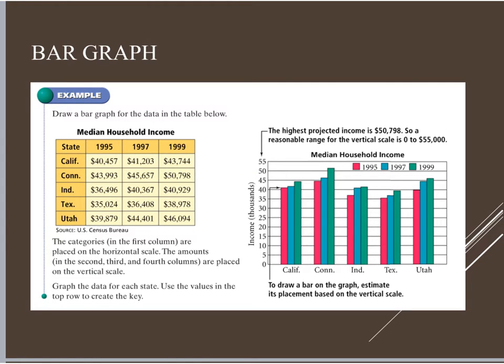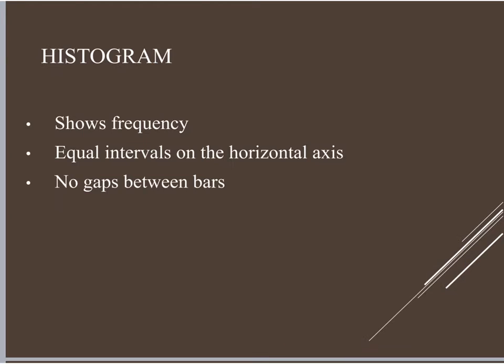Now here we have our standards like our title, we have our x and y axis information, but here they do give us a little key, and this key tells us what each of the different colors means on this chart here. So I can see that anytime I see a pink bar, that's for the year 1995. The bluish color is 1997, and the greenish color is for data in the year of 1999.